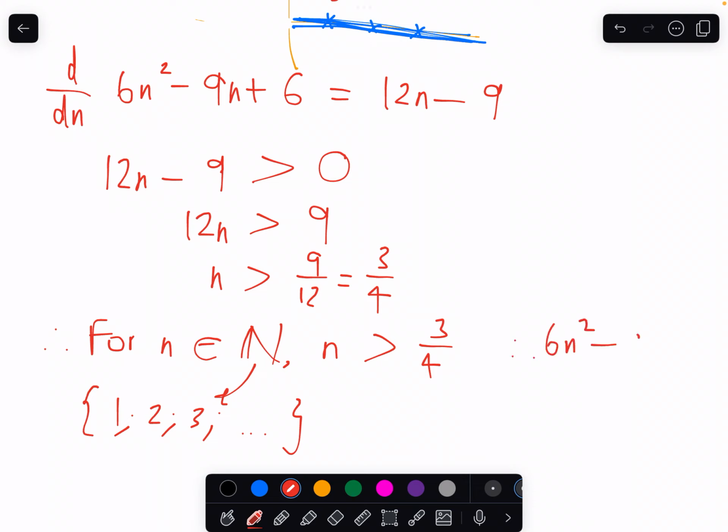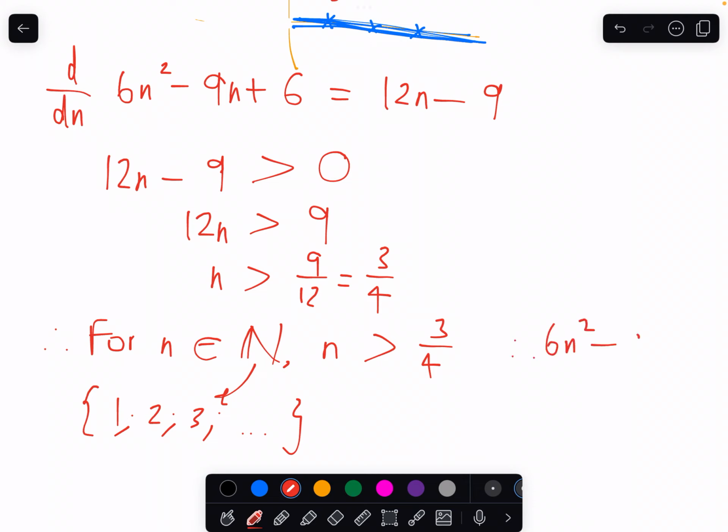Technically, if just increasing, then two neighboring terms are allowed to be equal and it would still be considered increasing, at least as I understand it. But for the same reason that here I didn't include the case where 12n minus 9 is equal to 0, let's be consistent.